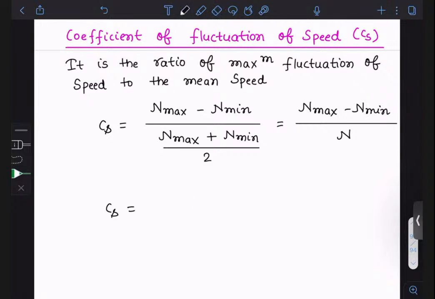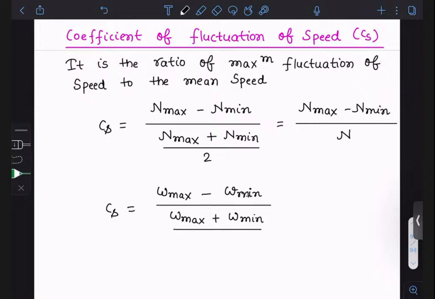Now CS is equal to, see, if you convert RPM into omega, sometimes omega is given. You can write omega max minus omega minimum, again the same problem started. Omega max minus omega minimum divided by omega max plus omega minimum divided by 2.